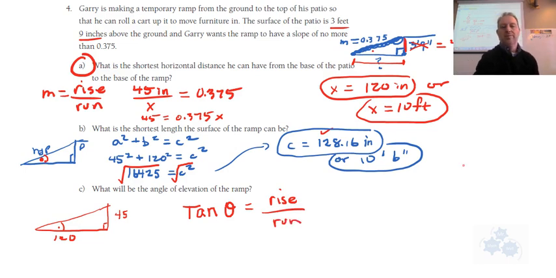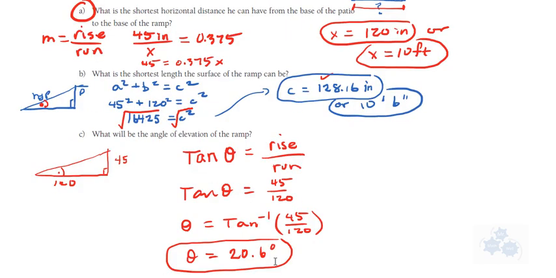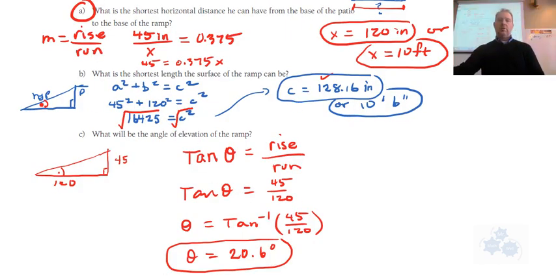Take a moment and see if you remember how to get that angle. All right, your answer should look something like this. Please show your steps. The angle equals 20.6 degrees. It's not the tan that equals 20.6 degrees, it's the actual angle.